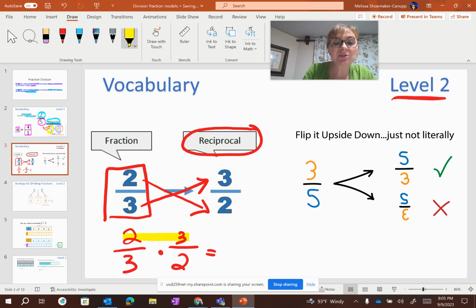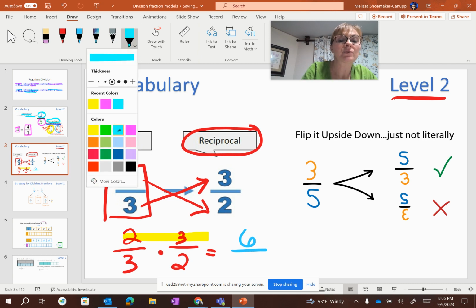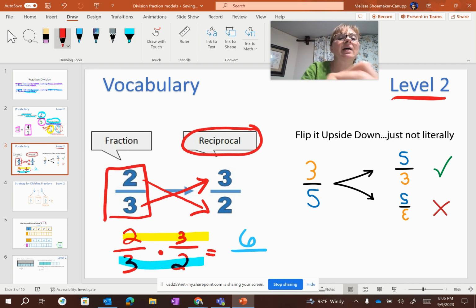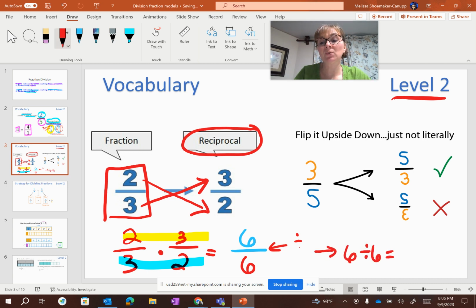If I take 2 times 3, that equals 6. If I take 3 times 2, that equals 6. 6 divided by 6, remember the fraction bar can mean division, equals 1. Now you can test that with a lot of fractions if you want to, but we need to understand that anytime that you multiply it by its reciprocal, you're going to get 1.